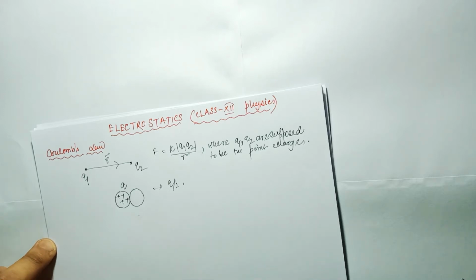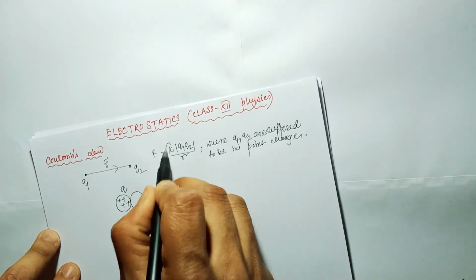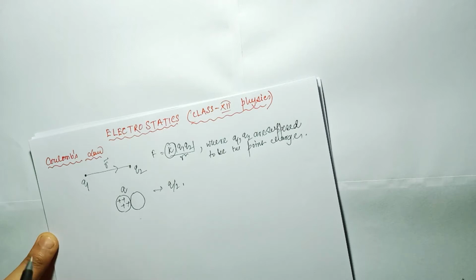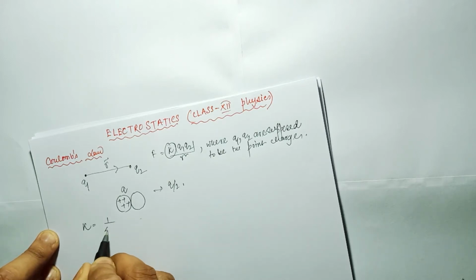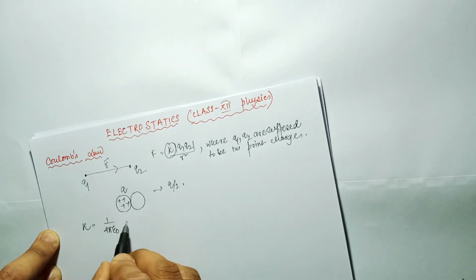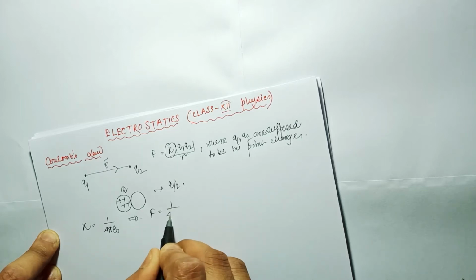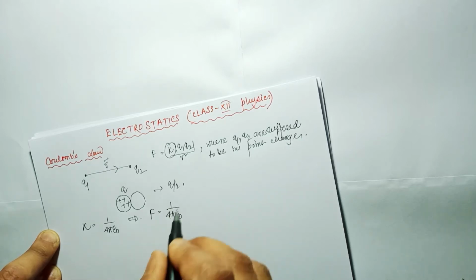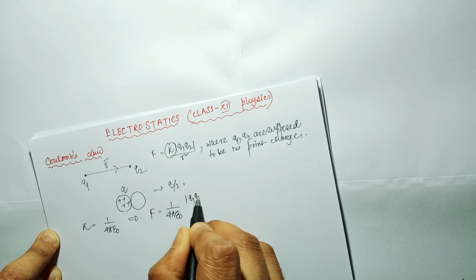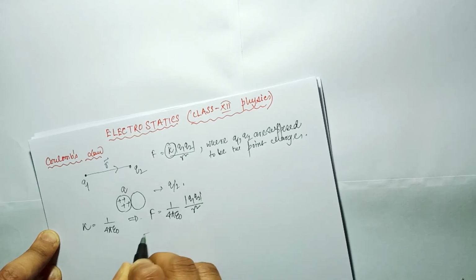So our next discussion will be what is the value of this k. We can write that k is equal to 1 by 4 pi epsilon naught. This is called epsilon naught. So this brings F is equal to 1 by 4 pi epsilon naught times mod of q1 q2 divided by r square.